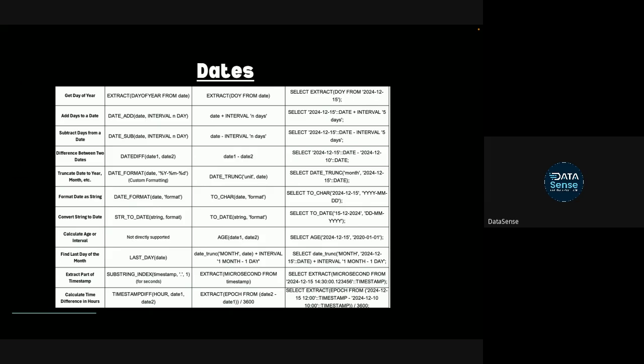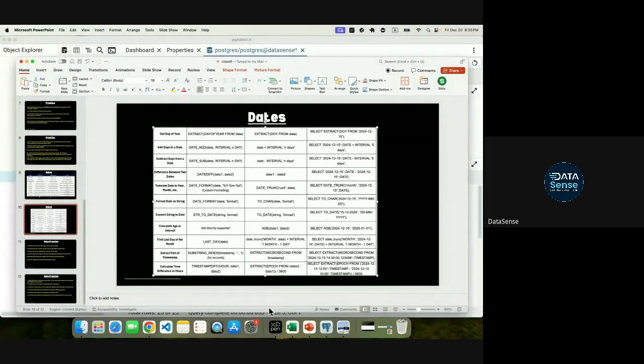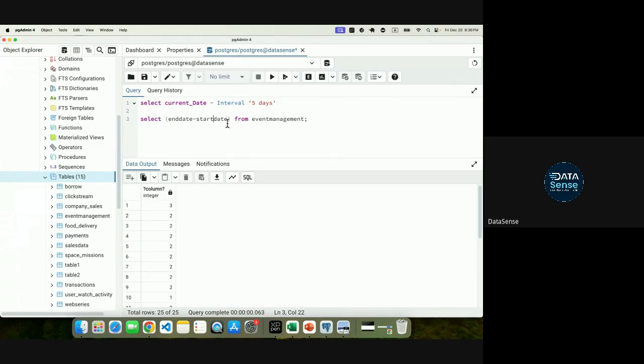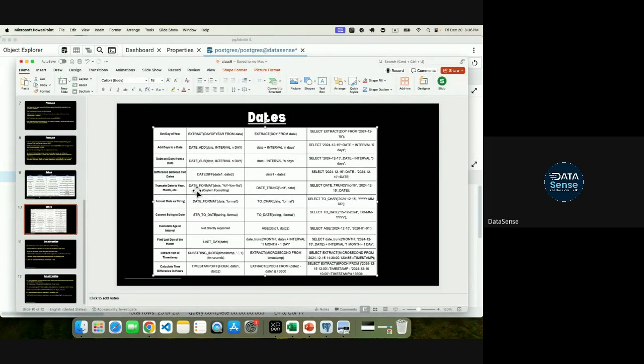Date diff, because date diff does not work in PostgreSQL as far as I know. So if I have to use date diff, yeah, it does not work here. Date diff, start date and end date.